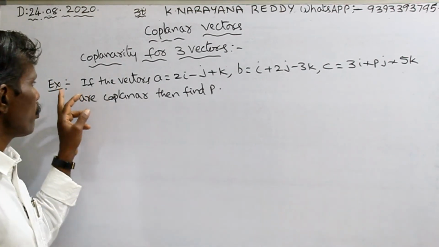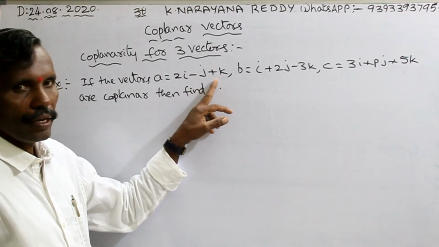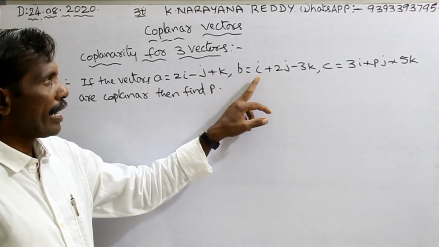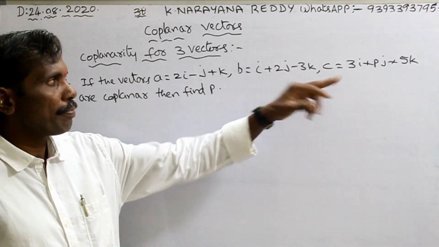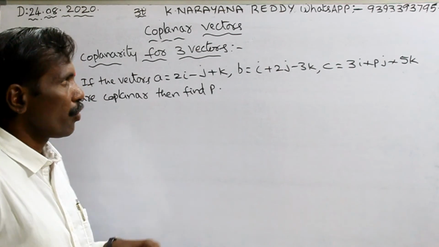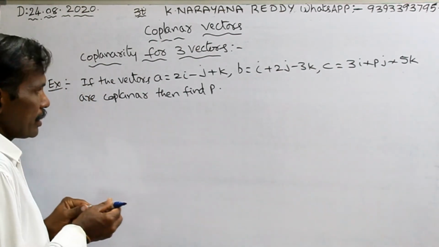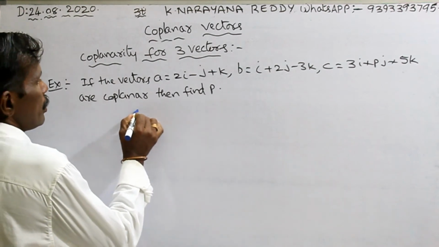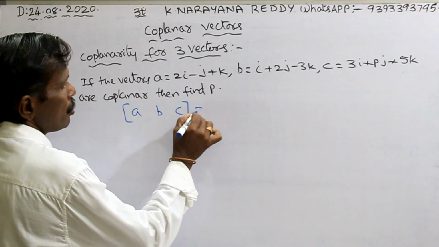See here, example. If vectors A equals 2i minus j plus k, B equals i plus 2j minus 3k, C equals 3i plus pj plus 5k are coplanar, then find p. Now we want to find the value of p. How to find? Simple. What is the condition for coplanar? [A B C] equals 0.